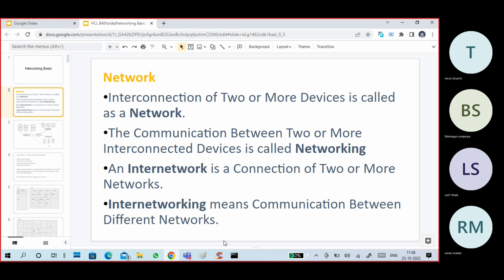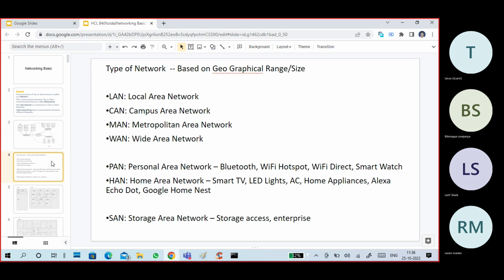Internetworking means communication between different networks. So that is the point.